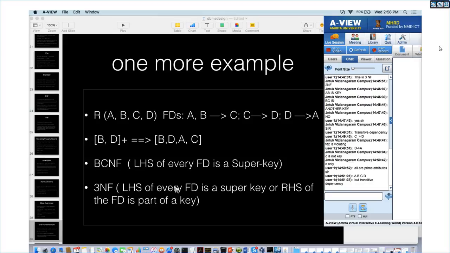Okay, but now which parts of it will violate the 3NF requirement? The 3NF requirement is if C is not a super key, D has to be part of a key. Is D part of a key? Yes. What about D and A? D is not a key alone, but is A part of a key?